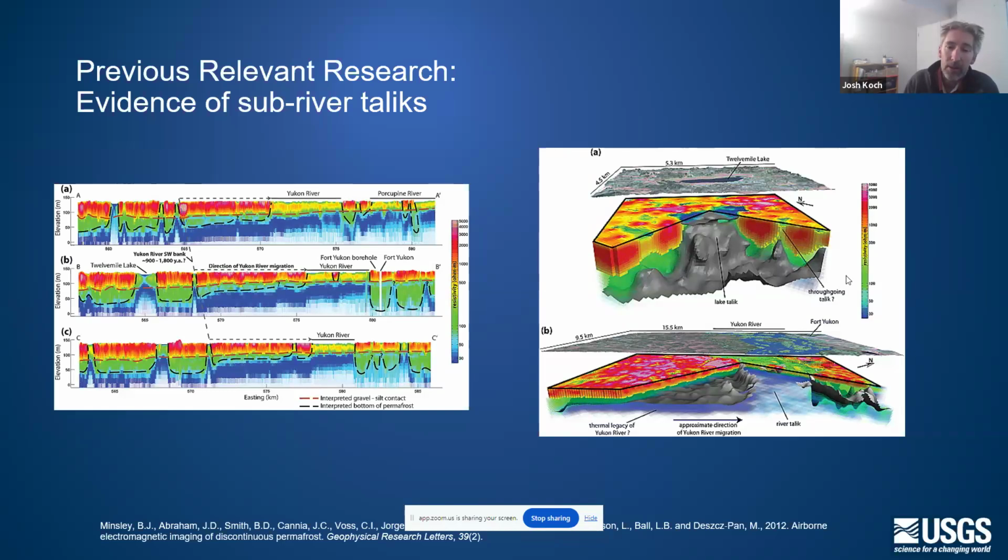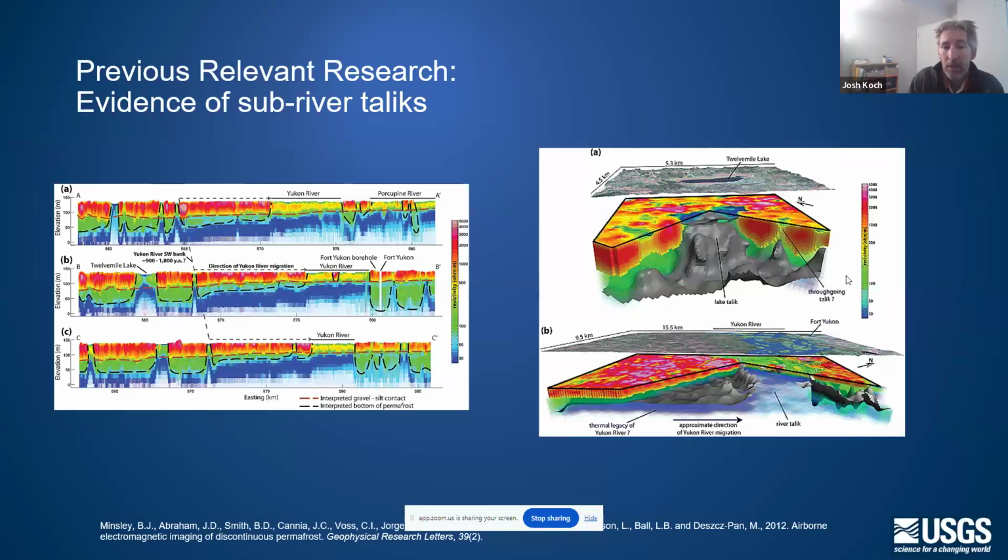This was some work from the Yukon River Basin, a large-scale geomagnetic survey, aerial based, to demonstrate that we see some evidence of these large taliks forming near the Yukon River or related to the placement and evolution or migration of the river across its floodplain.